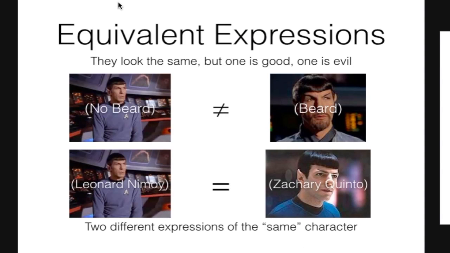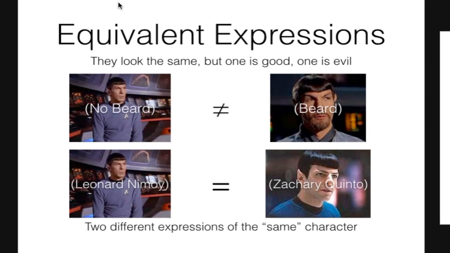So, I have a simple example here. I don't know how many of you follow Star Trek, but there's a character called Spock. And there's a couple of different variations of Spock. So you've got Spock in the original series, who does not have a beard and is played by Leonard Nimoy. And then there's the evil version of Spock, who, as per the trope, has a beard.